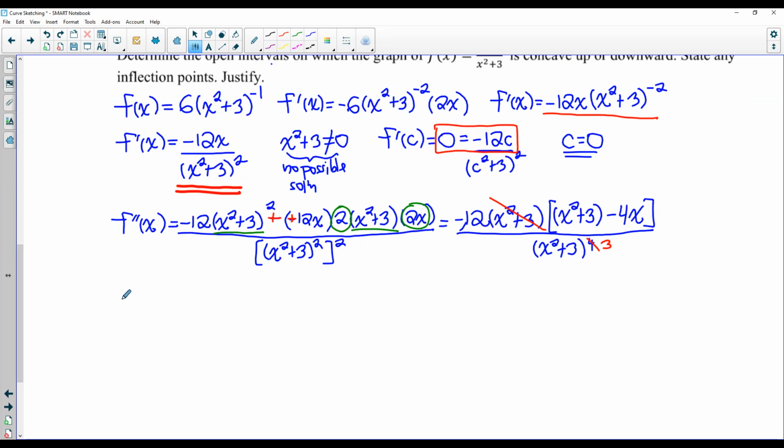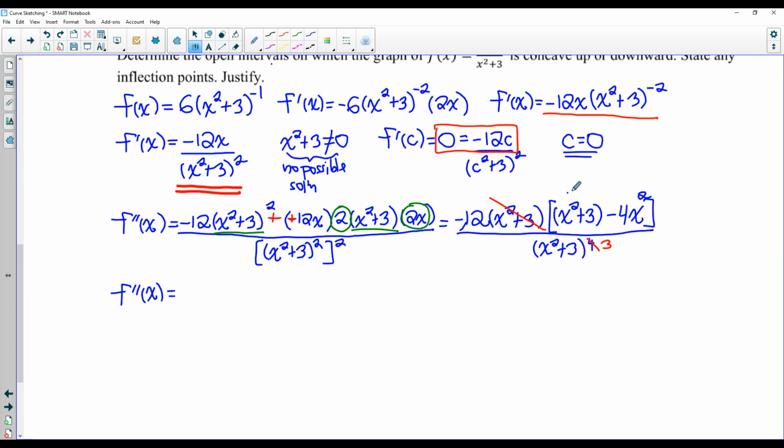And then what I would have is f double prime of x would be equal to, let's see here, I feel like I might be missing something. Let me double check. Oh, there's an x times an x here. Sorry, this should be 4x squared. Yeah, because x times that x.